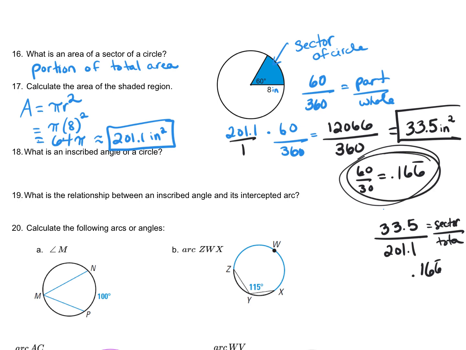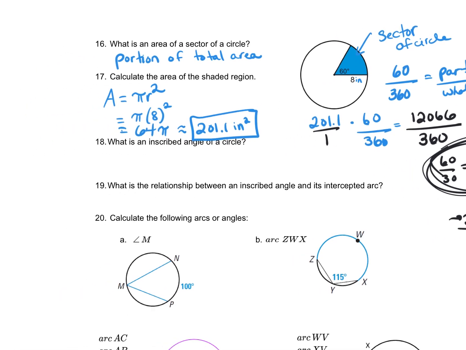So we have calculated this correctly, because this 33.5 represents the 0.166, which is equal to the 60 degrees of the total 360 degrees.